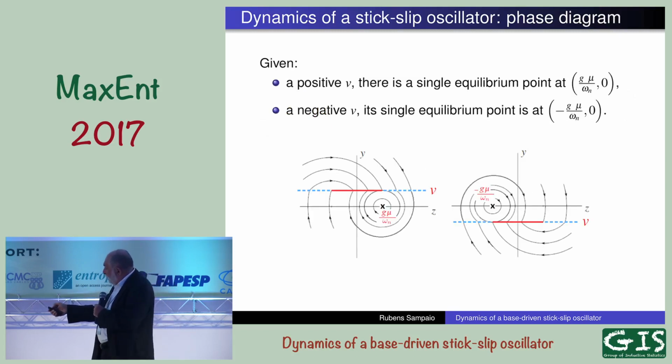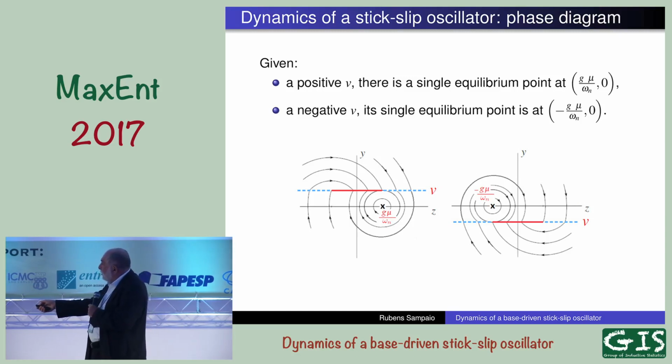So that's the phase plane. If the velocity is positive, here is the place where you have a stick. If you put the body, let's say, with some initial condition here, it comes, it sticks, it gets here, and then there's no more stick. You get a periodic solution. Here's the same thing with the velocity negative.